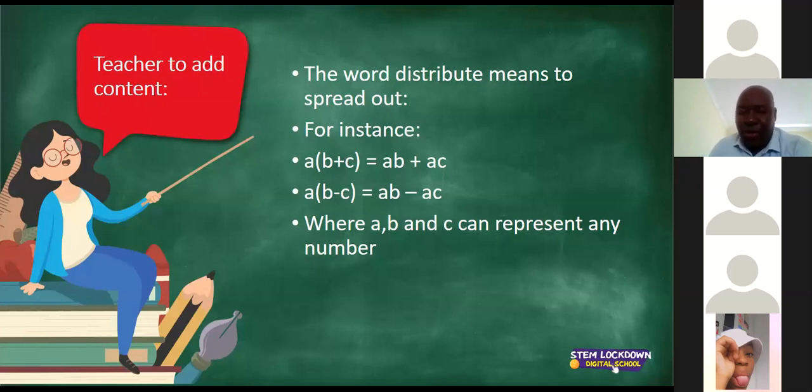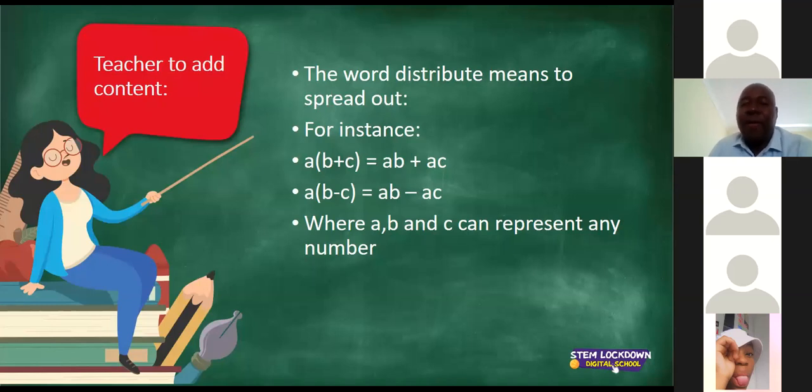Again, using the BODMAS, in other words, you're breaking your bracket. You need to multiply A times B, which will give you AB. And thereafter, carry on to bring the minus sign or the negative sign and multiply A by C to get AC. So our final answer there is AB minus AC.